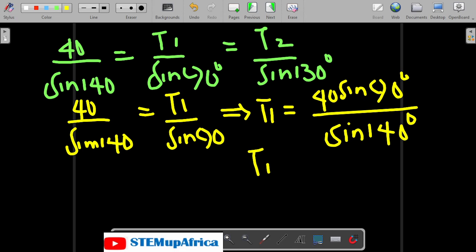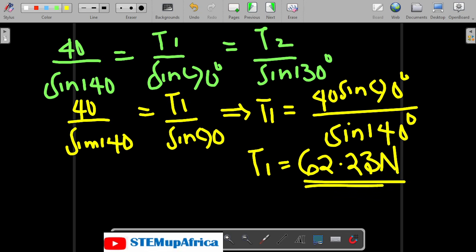So our T1 equals what? Sine 90 is 1, so it will be 40 divided by sine 140. That will give us 62.23 Newton. That is now my T1.